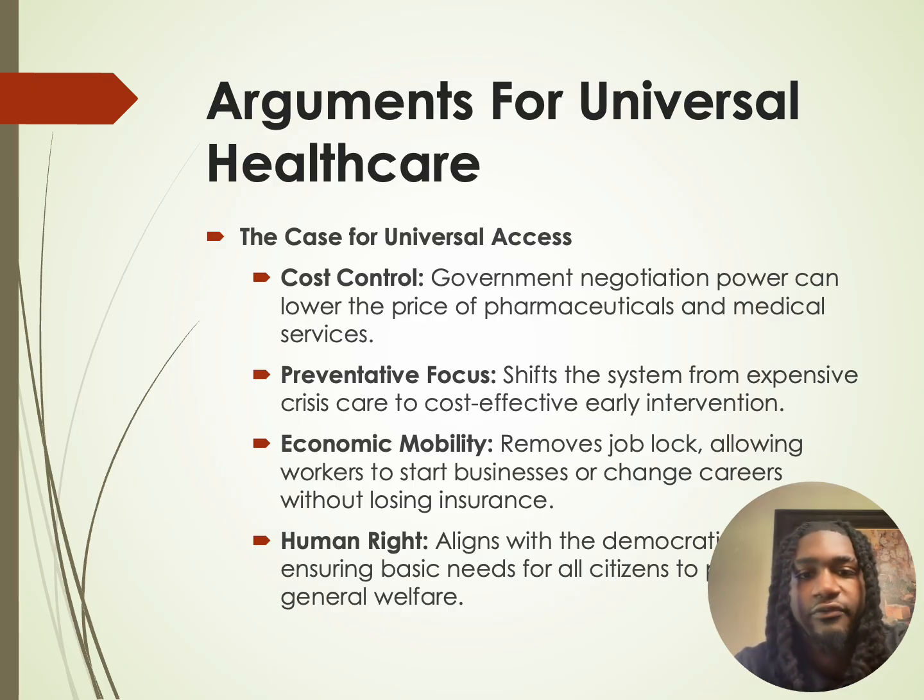In our current fragmented system, individual insurers have limited power, but as Rice et al. 2021 and the Commonwealth Fund 2024 demonstrate, a universal or public option system allows the government to negotiate prices for goods and services on a national scale. This is a direct application of using a large buyer's bloc to keep inflation in check within the medical sector.